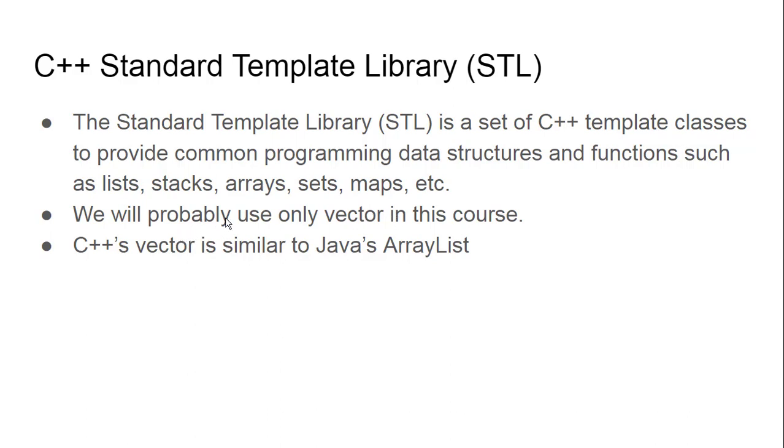And in case you are familiar with Java, then vector in C++ is very similar to Java's ArrayList. In fact, at least older versions of Java have a class called Vector, which is essentially ArrayList with additional support for synchronization, making it slower.